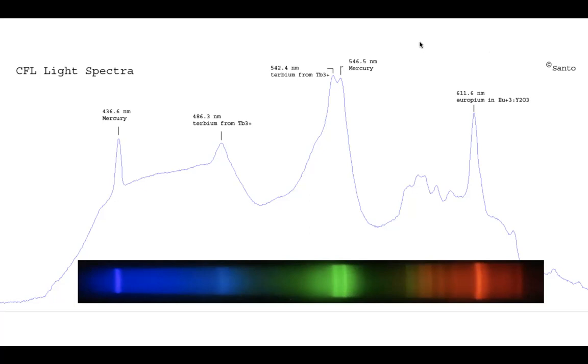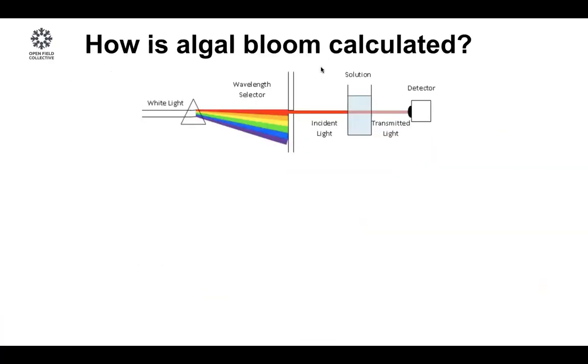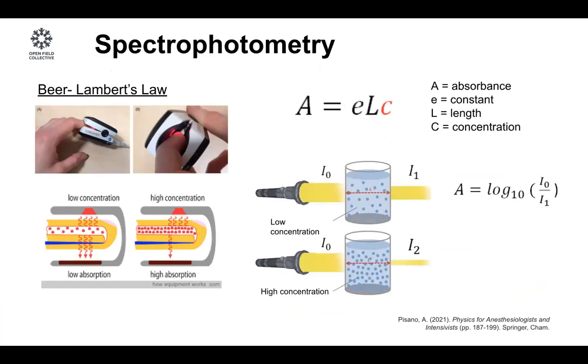Also, I just wanted to say something about the Beer-Lambert's law. Can you go back to that slide? Essentially, what we are trying to measure is how much light goes in and how much light comes out. This log here is just for transformation of data into a linear scale, because a lot of light can go in, a lot of light can get absorbed, but some little light comes out, so this is on an exponential scale.